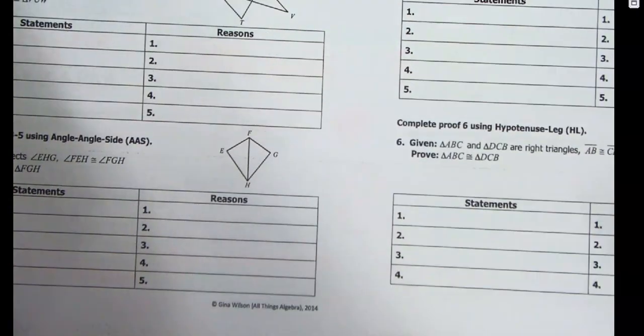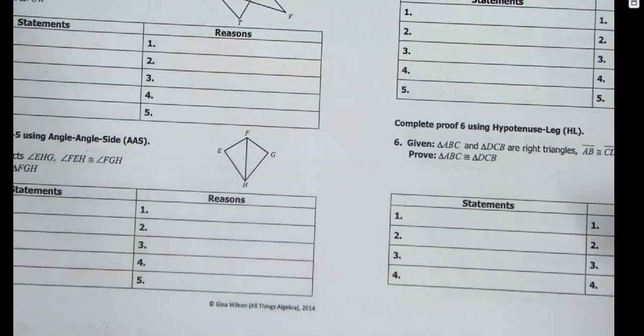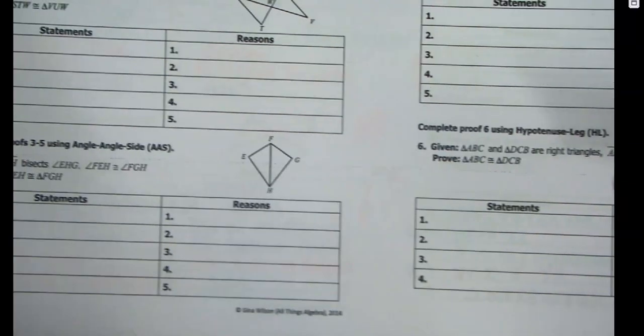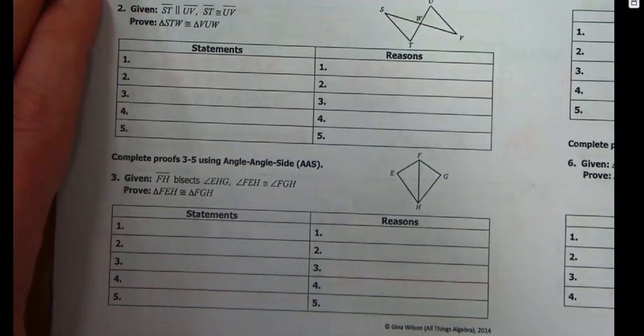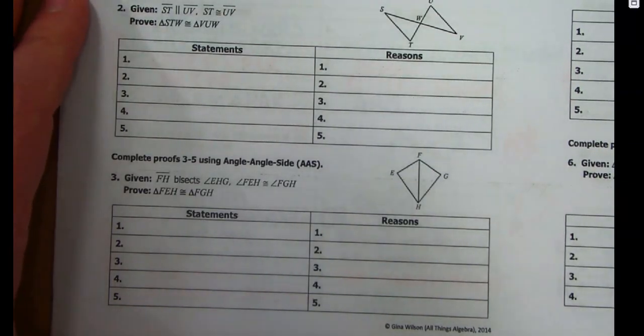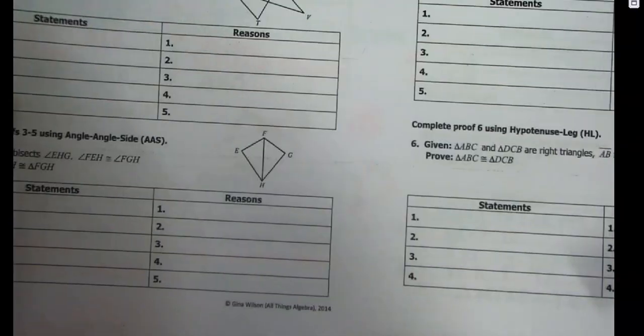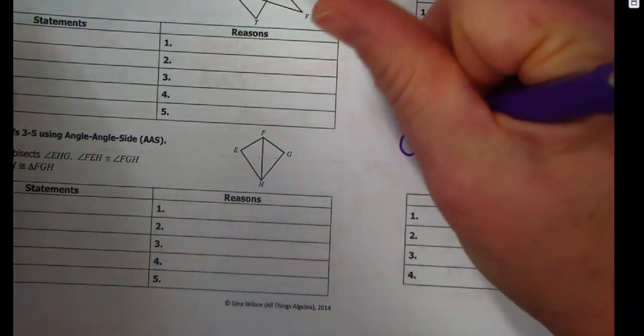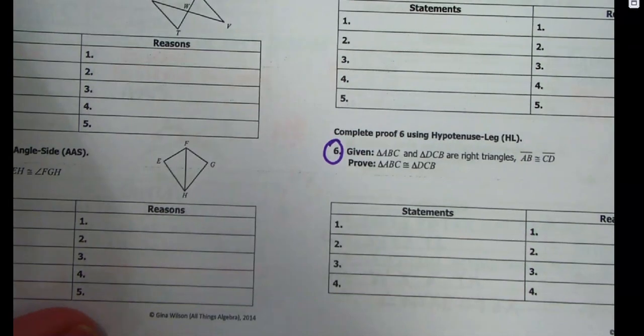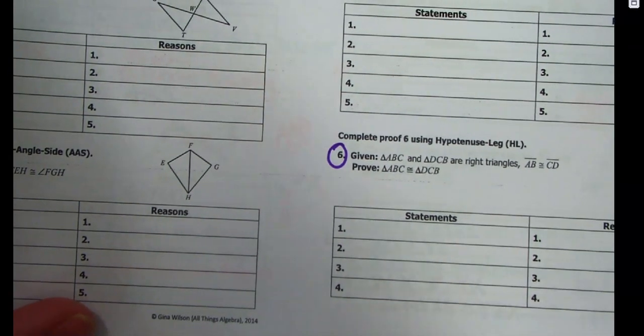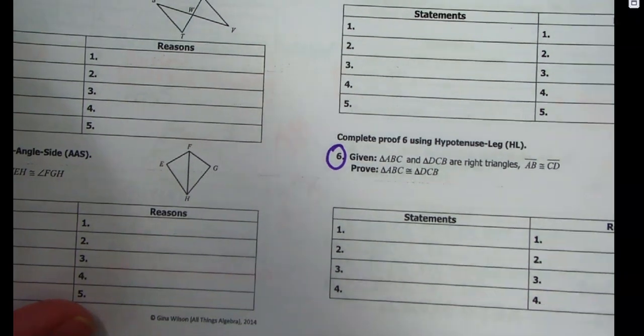So now you have homework. Okay, there are 6 proofs on this homework sheet. I want you to do number 6 for sure. I want you to do number 2.